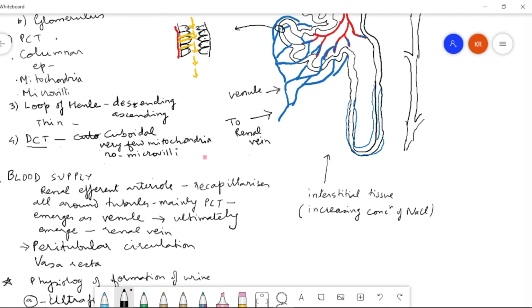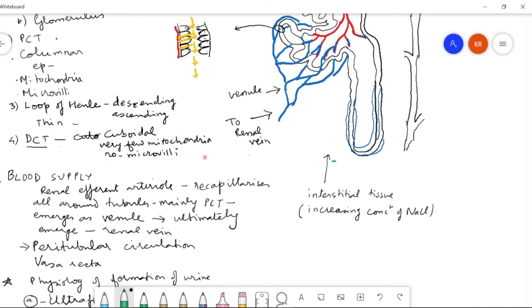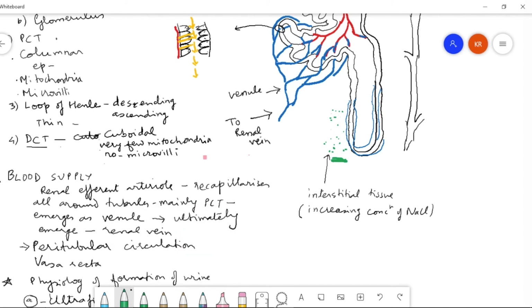It means it becomes more hypertonic. So there is more NaCl here and very little NaCl there. From here there is a very high concentration of NaCl, whereas as we go up, less concentration of NaCl.